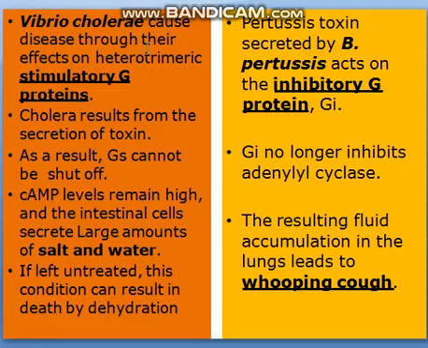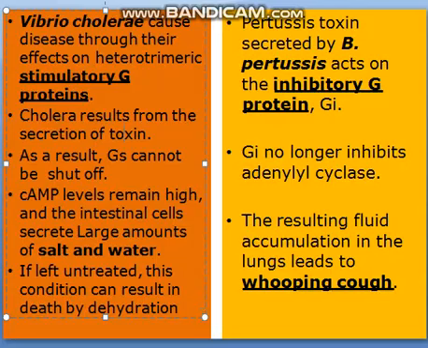Vibrio cholerae causes a disease in which the heterotrimeric stimulatory G protein is involved. The G protein is activated indefinitely, right? As I told you, Gs stands for stimulatory, and that stimulation must be regulated.